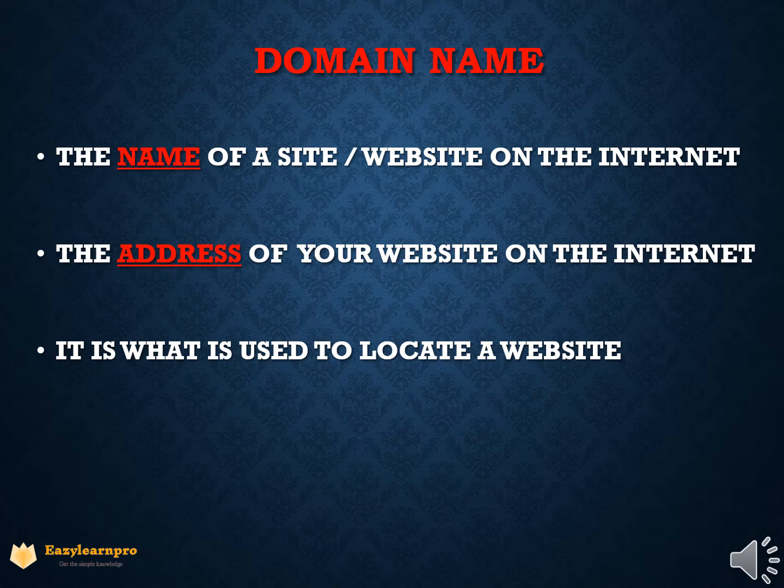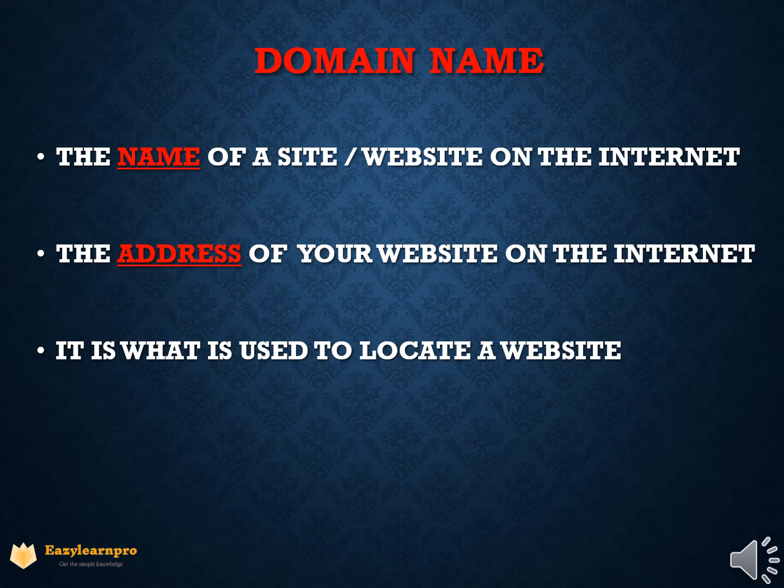domain name is simply the name of a site on the web. The domain name of a website is the name of the website on the internet, or the address of the website on the internet.